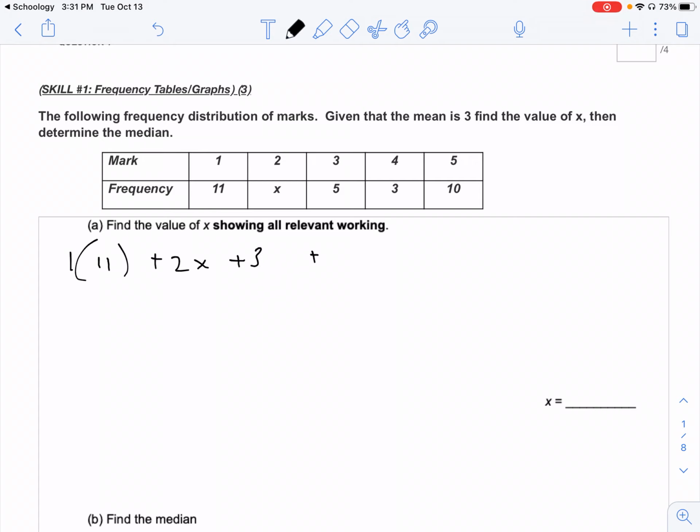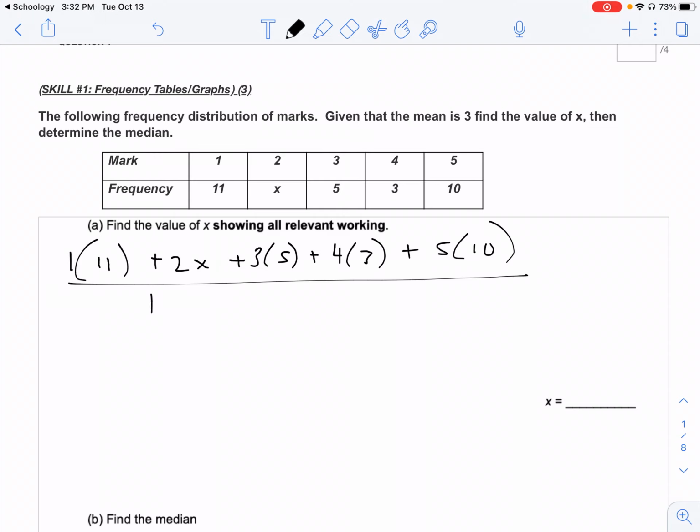So we have 3 times 5, 4 times 3, plus 5 times 10. You're multiplying each mark by its frequency and dividing it by the sum. And this equals 3, because it says the mean is 3.